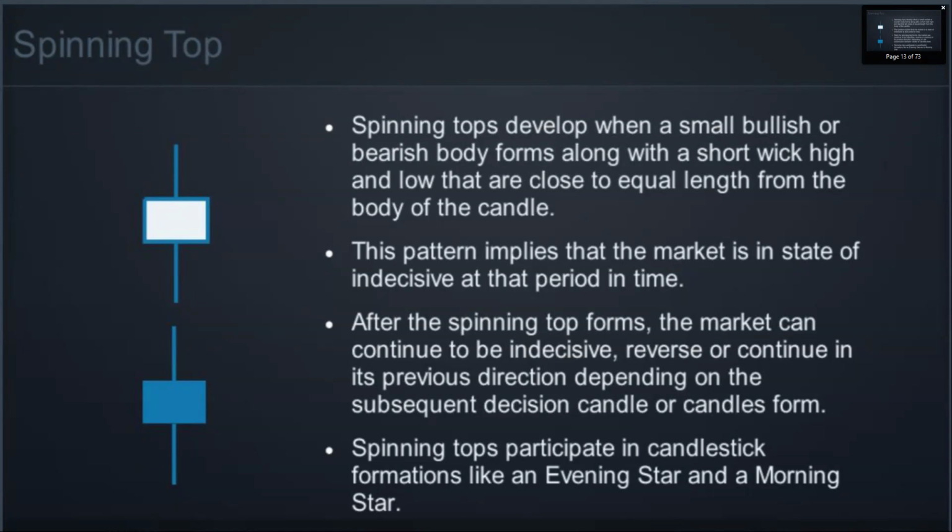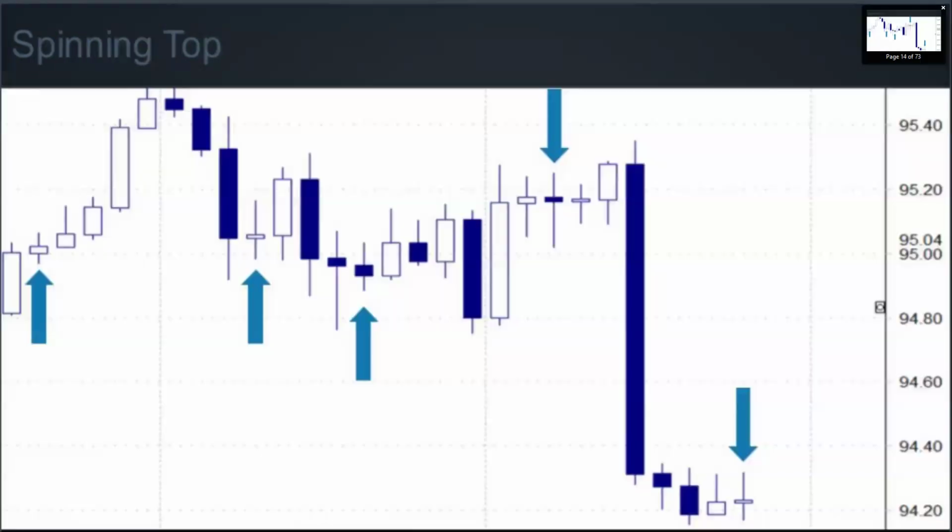It suggests that the market is not going to go up or go down. Look at these, these are good examples of indecision candles.